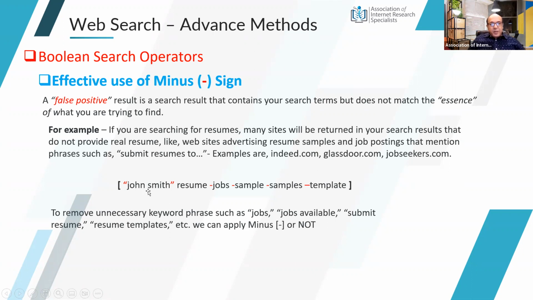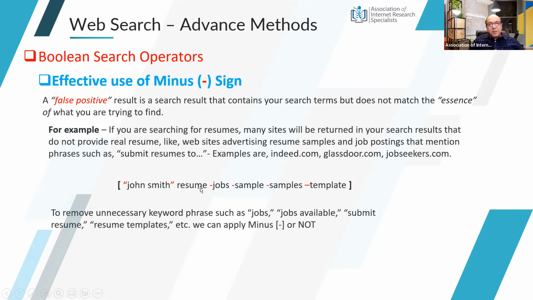You could see that it has a name, John Smith, and it has words like resume. The thing is that the search wouldn't know if you are looking for resumes, or you are a recruiter that wants to find the resume of John Smith, or whether you are giving a job to someone and it is in the careers or open jobs situation, which is the reason why you're looking for the resume.